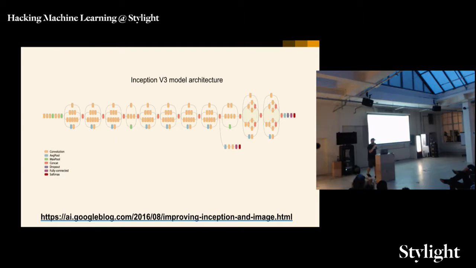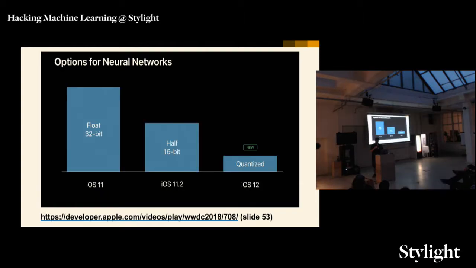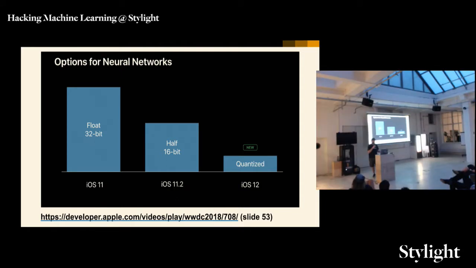So here I have the Inception v3 model again. Every dot you can see is a weight, a value calculated with backpropagation and everything. With iOS 11, which is 1 year old now, they used 32-bit float values.